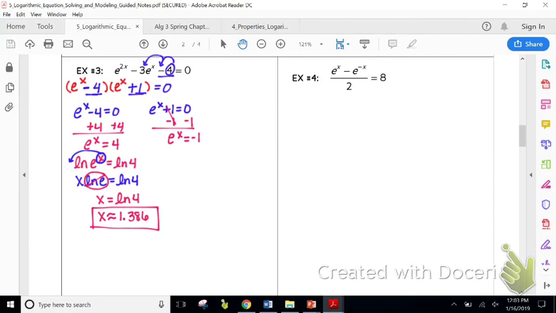Can't get e and negative 1 to have the same base, can we? So we're going to have to natural log it. Move the x in front of its log.